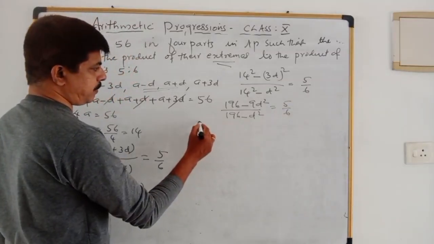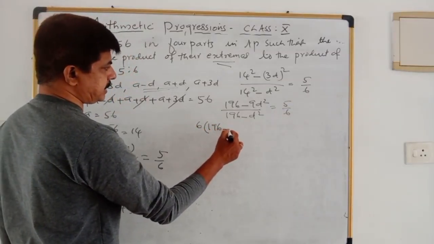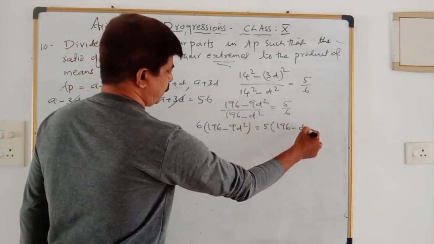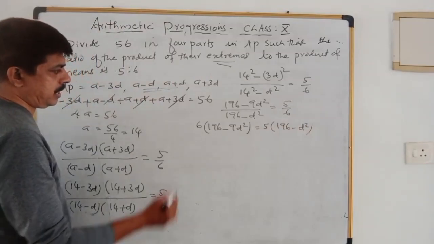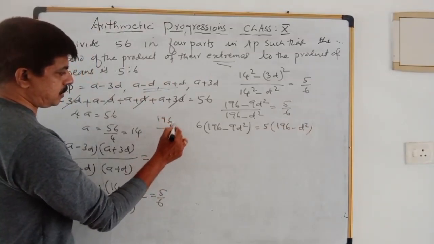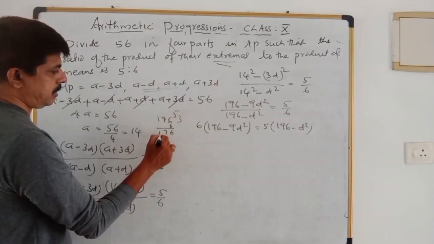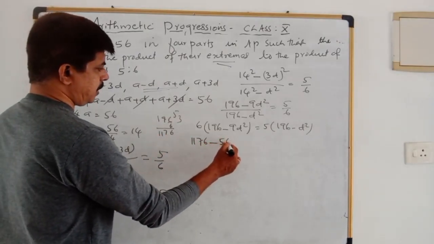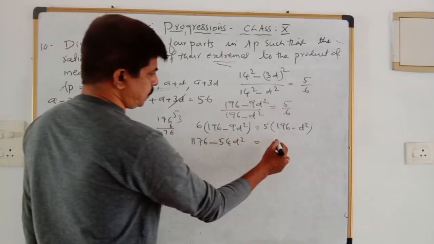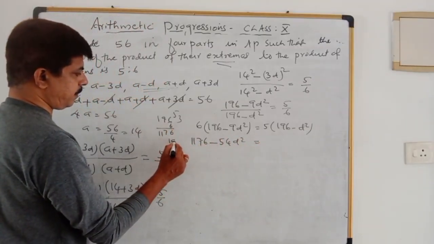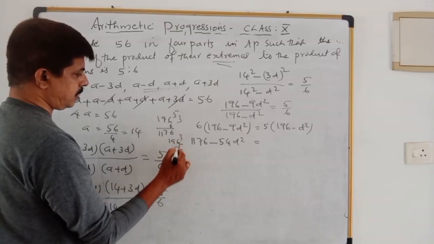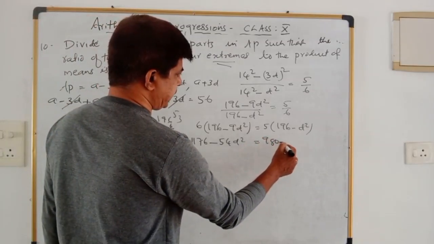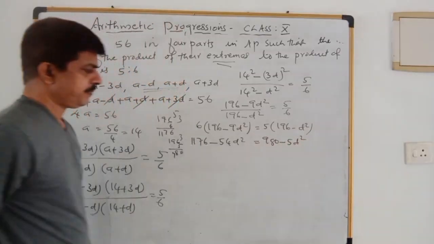So we will cross multiply. 6 into 196 minus 9d square is equal to 5 into 196 minus d square. So what is 196 into 6? 1176 minus 54 d square equal to, what is 196 into 5? 980 minus 5 d square.